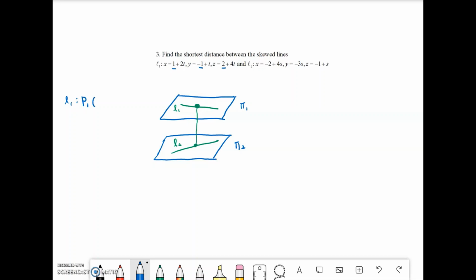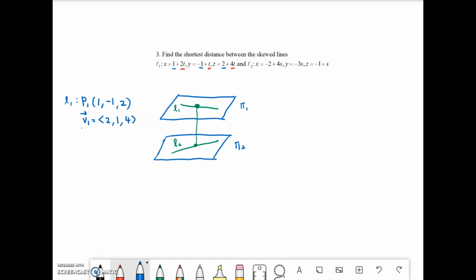So the point can be represented as (1, -1, 2). Another important thing is that the vector parallel to L1 can be obtained from this value, where vector v1 equals (2, 1, 4).